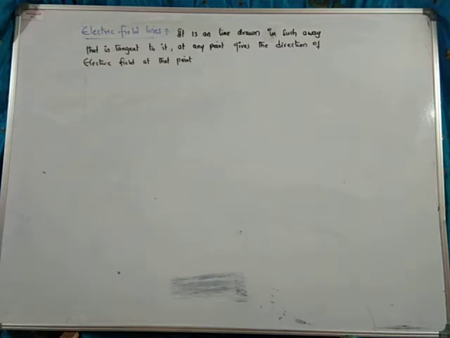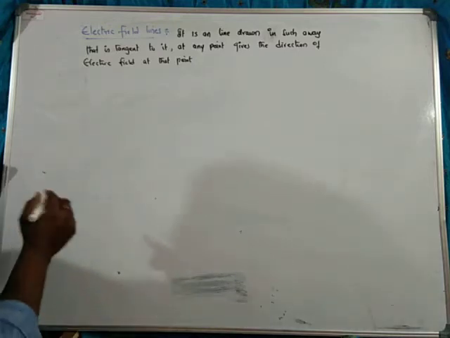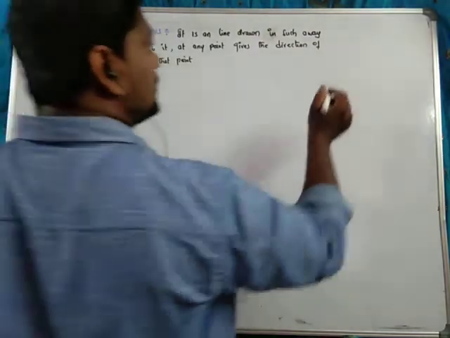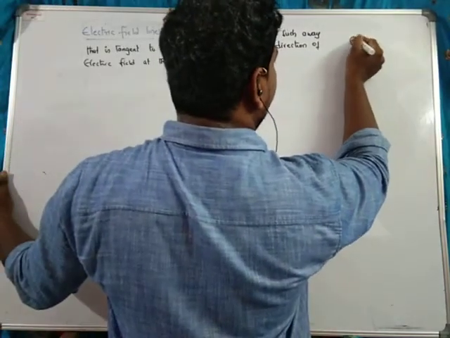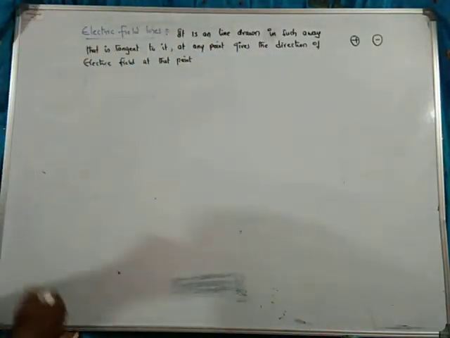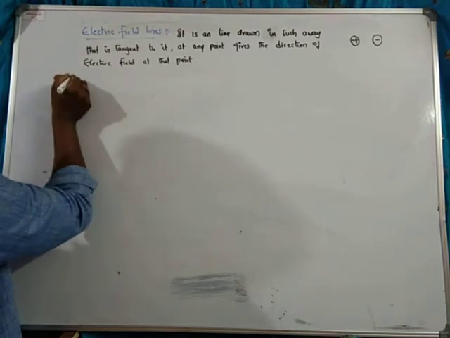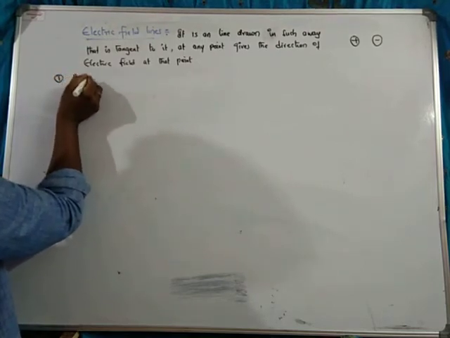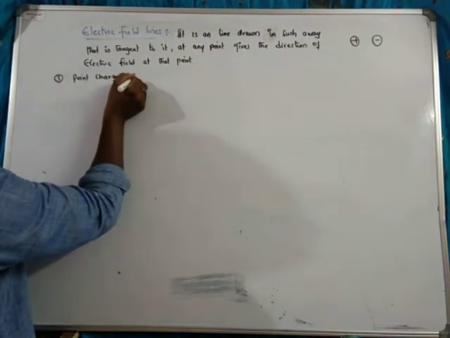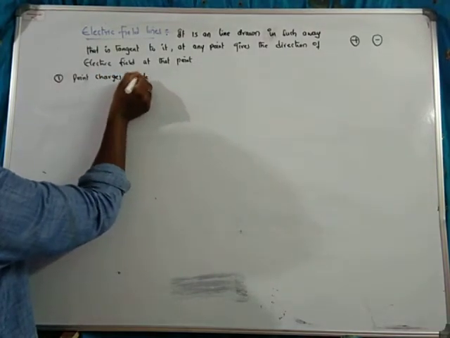Maybe it was not clear, but we will represent it diagrammatically. Generally we have two types of charges, one is a positive charge, the other is a negative charge. Here first we will go for point charges, which means we have only a single charge.